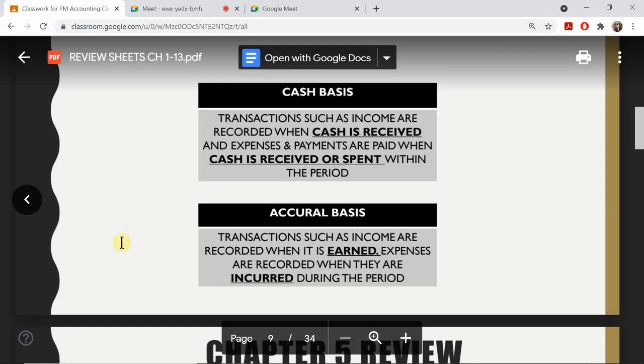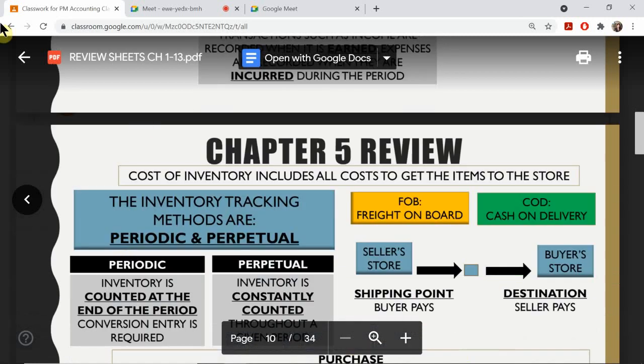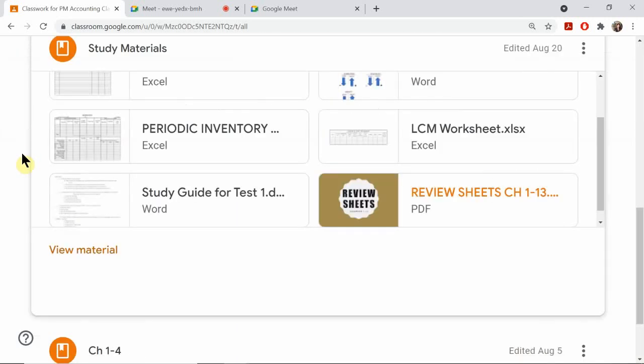You will record that expense the day it occurs, so it's going to be incurred. Being able to know the difference between the cash and accrual basis is important, because I will ask you on that exam. Tomorrow we'll pick up on chapter 5 and chapter 6.